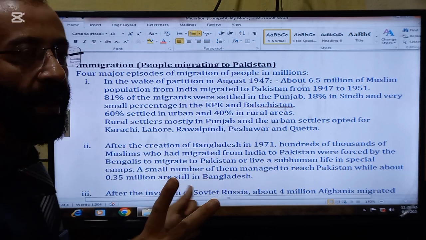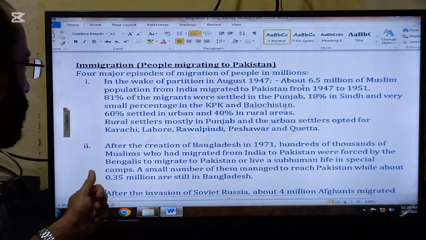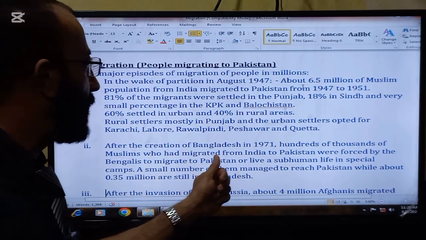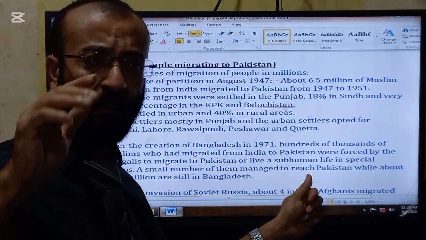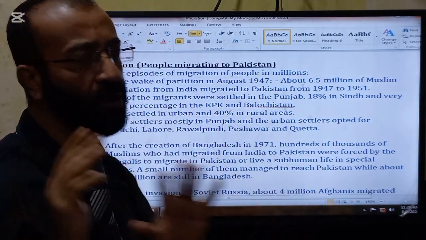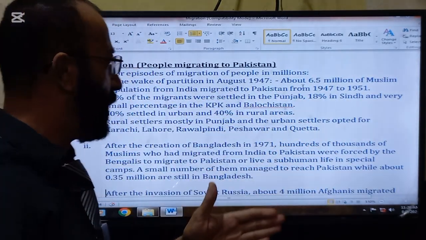The second stage in which millions of immigrants came to Pakistan was after the creation of Bangladesh in 1971, when Bengalis forced the people to go to Pakistan because Bangladesh was separating from Pakistan.